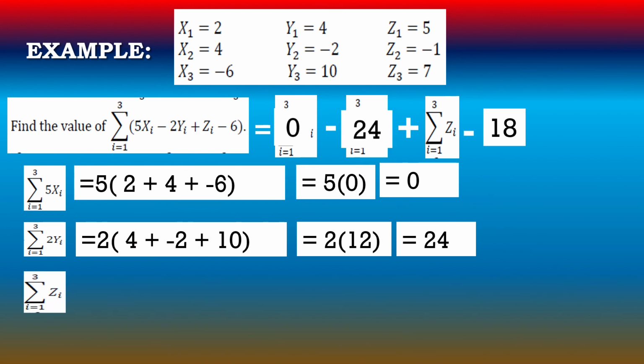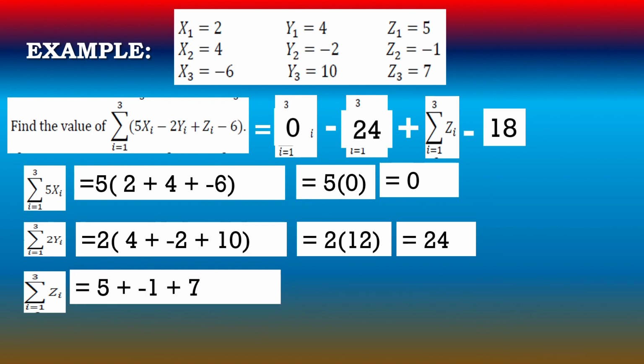Next, third term, summation of z sub I. So, again, wala naman siyang constant. So, yung z sub I lang kukunin natin. So, si z sub 1 to z sub 3, substitute lang natin. 5 plus negative 1 plus 7. The result is 11. So, 11 is the sum of the third term.